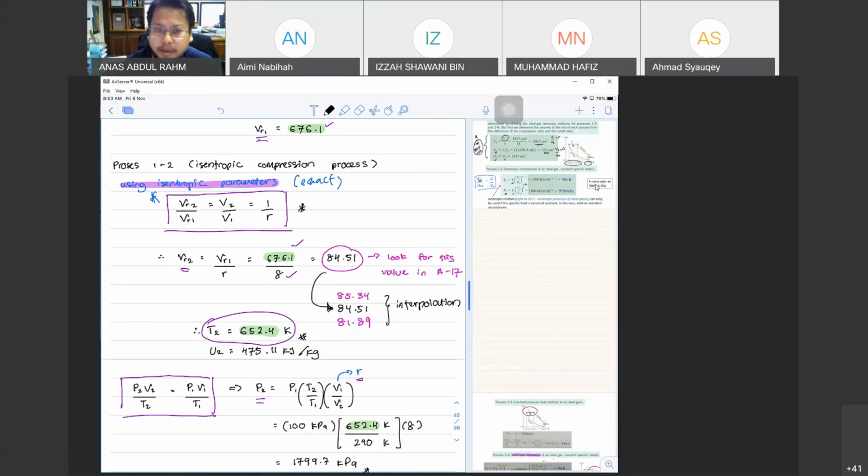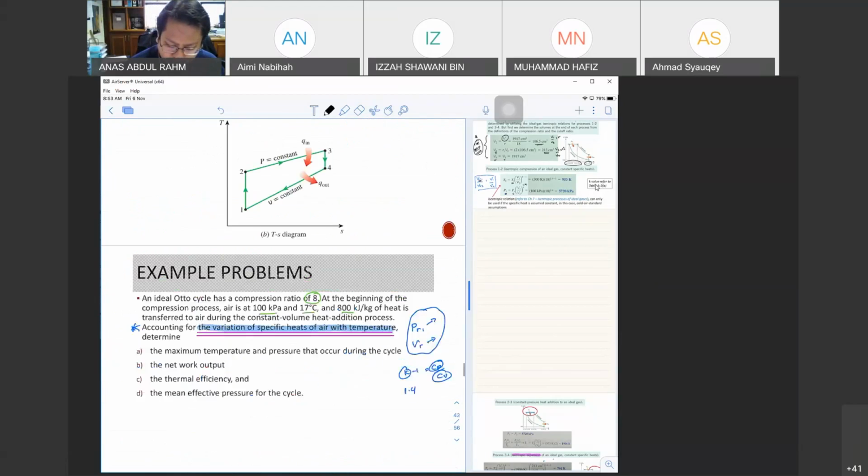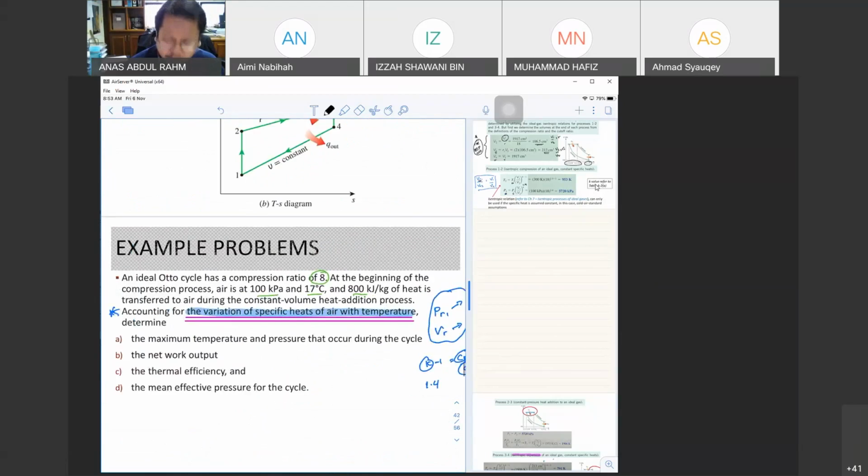Why? Because for this particular problem, the problem specifically asks us to account for the variation of specific heats of air with temperature, meaning that our Cv and Cp are now dynamic. We cannot assume our K is equal to 1.4, which is taken at T equals 300 Kelvin.